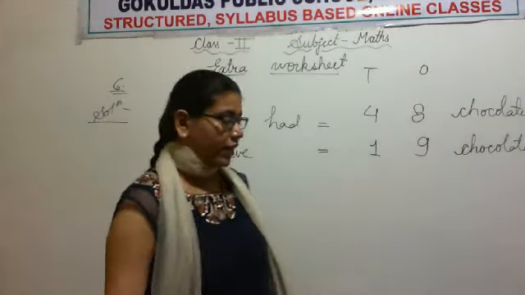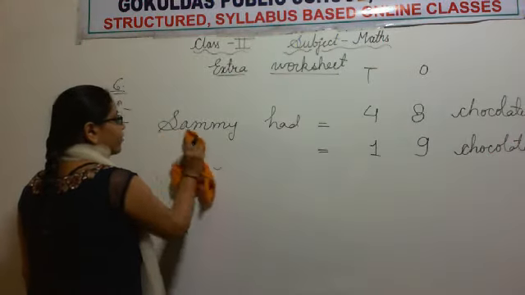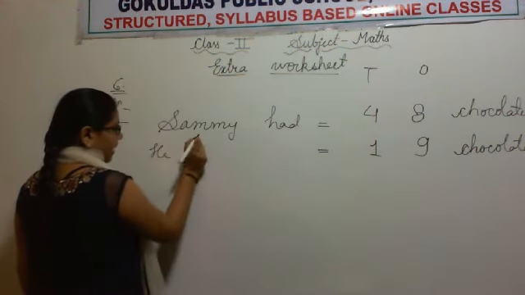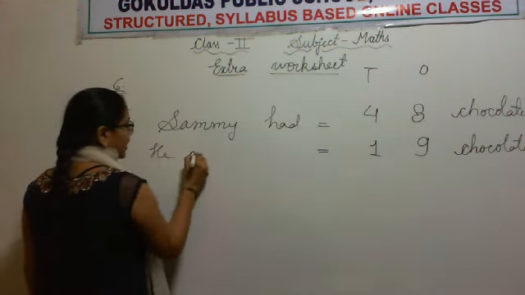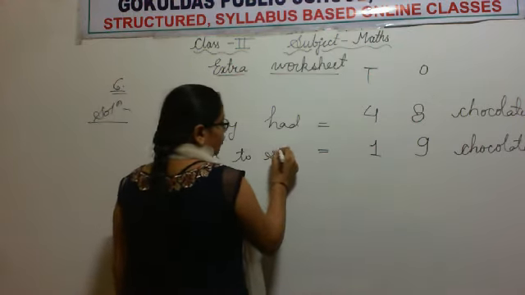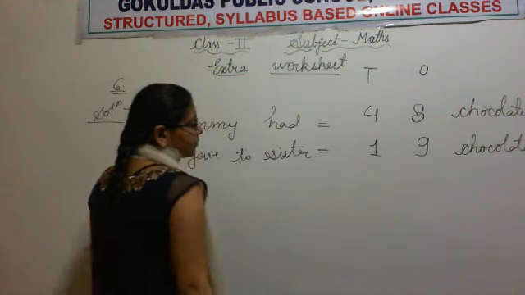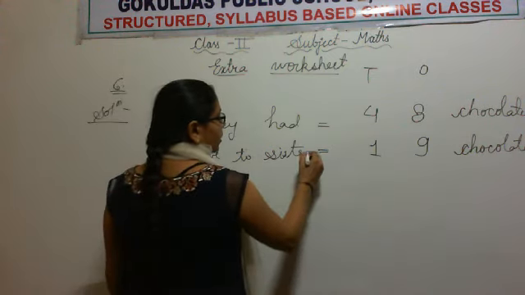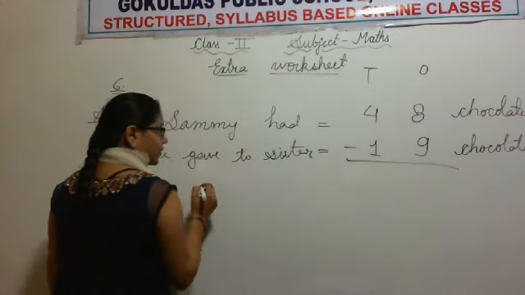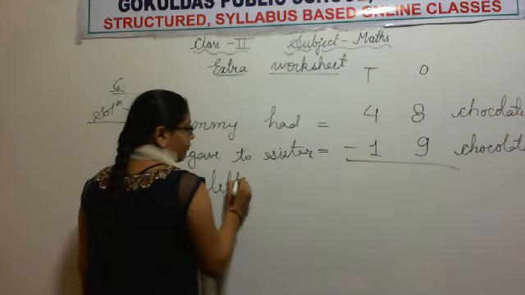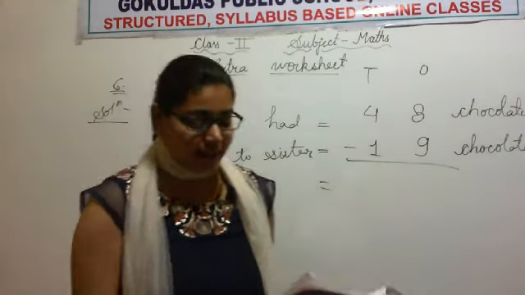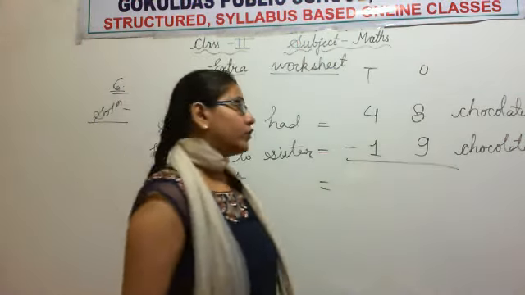Or in the place of Sammy we are writing he gave to sister. How many chocolates? 19 chocolates. Now how many chocolates are left? If we will subtract 19 from 48, then we will get the left number of chocolates.